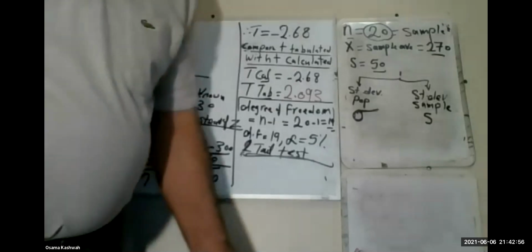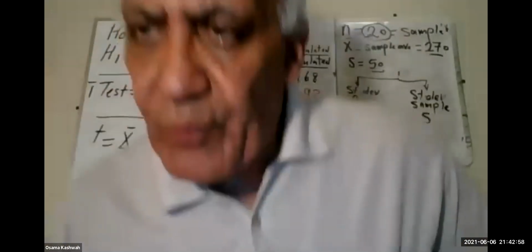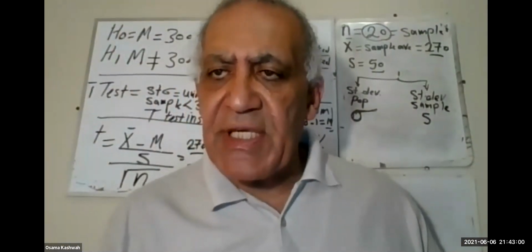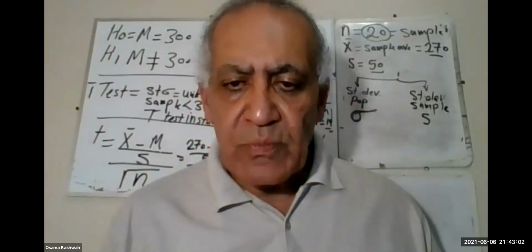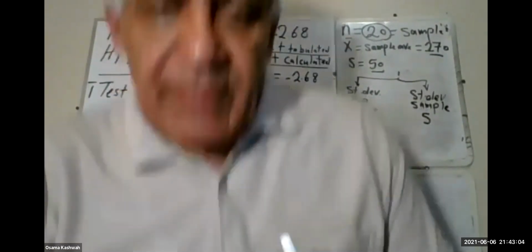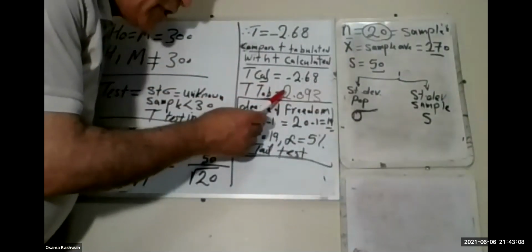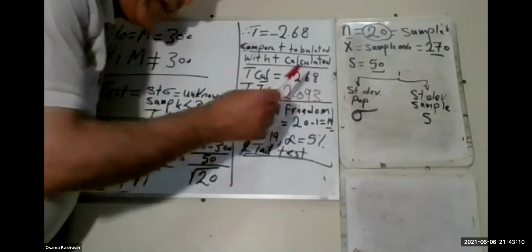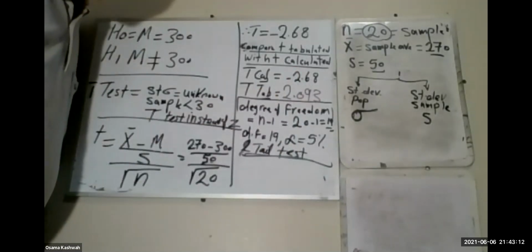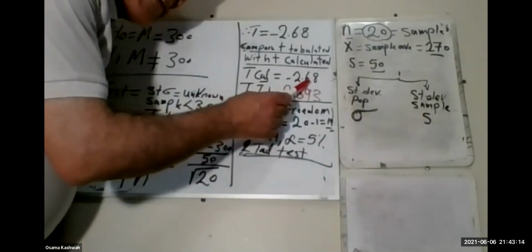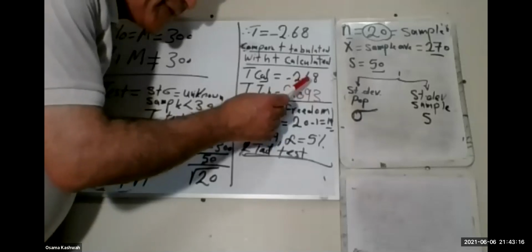Now you can see from here. I put here the T tabulated, which we saw in the table, 2.093. Perfect. I have the calculated, and this is the tabulated.